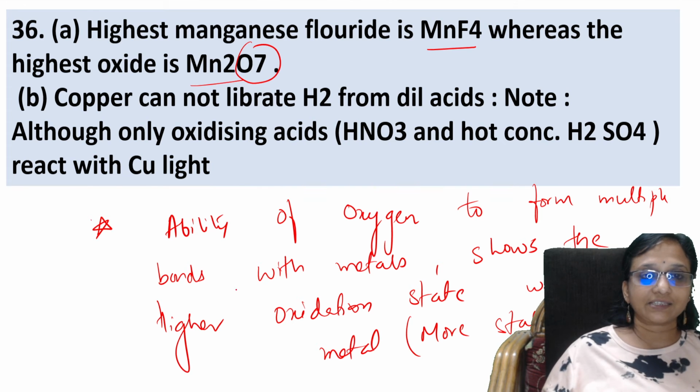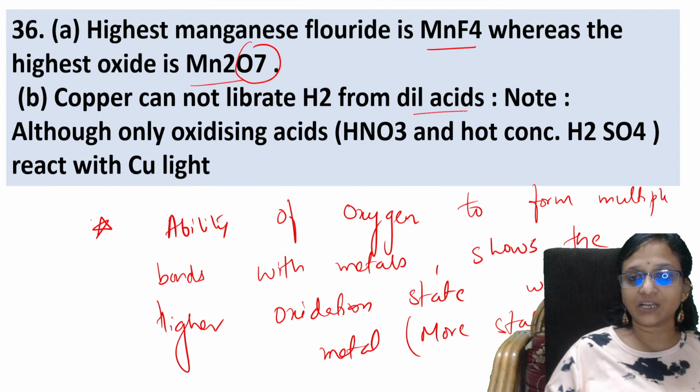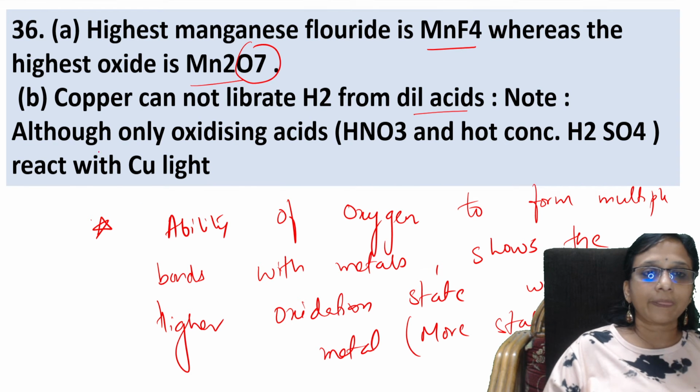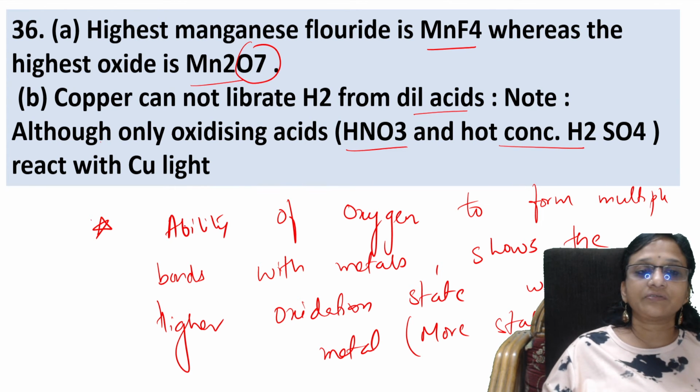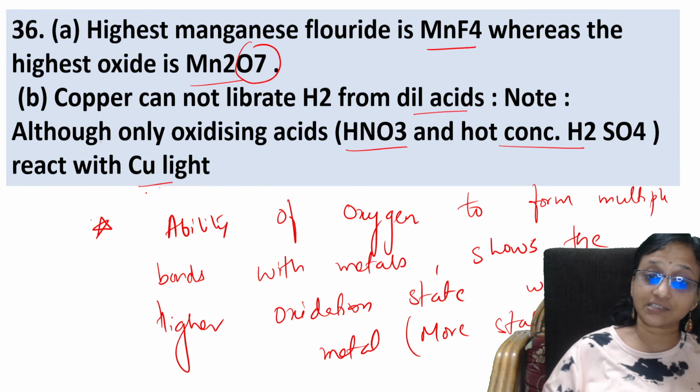Next. Copper cannot liberate hydrogen from dilute acids, though only oxidizing agents like nitric acid and concentrated sulfuric acid react with copper. What is the reason? Understand the question.